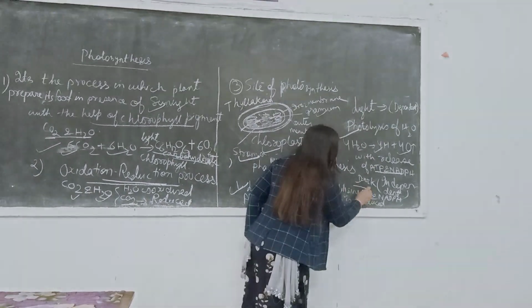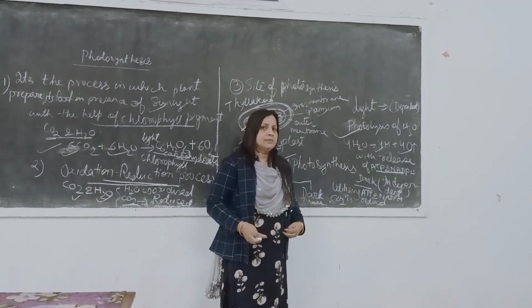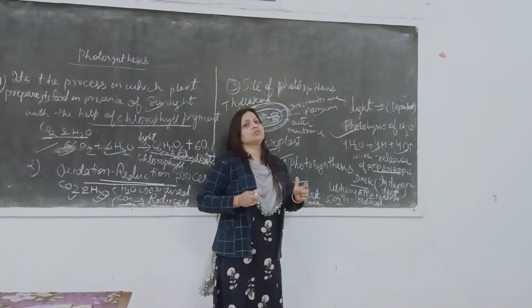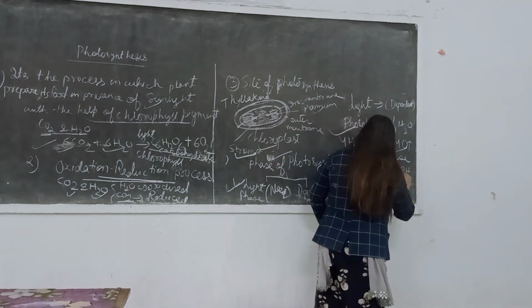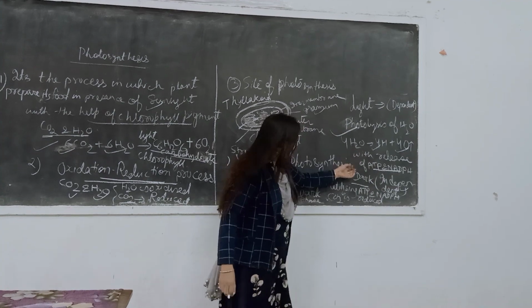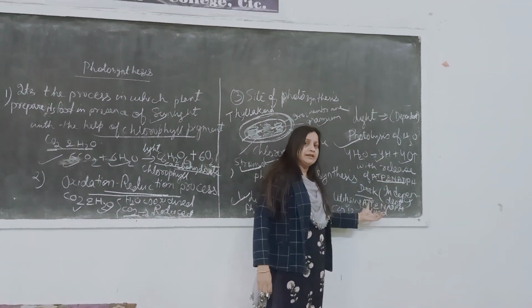So what is the dark reaction here? Dark reaction means it is independent of light. Here the light is also present, but it doesn't require light. This ATP and NADPH you are seeing here are required in the dark reaction.